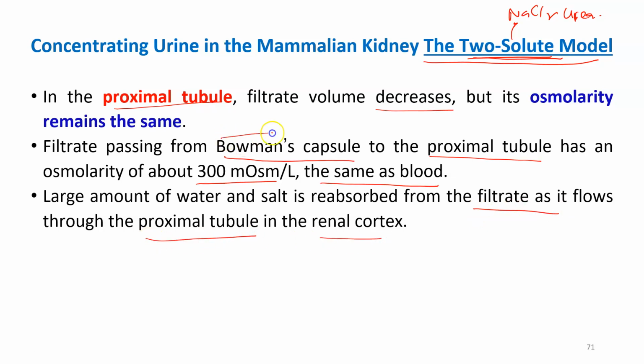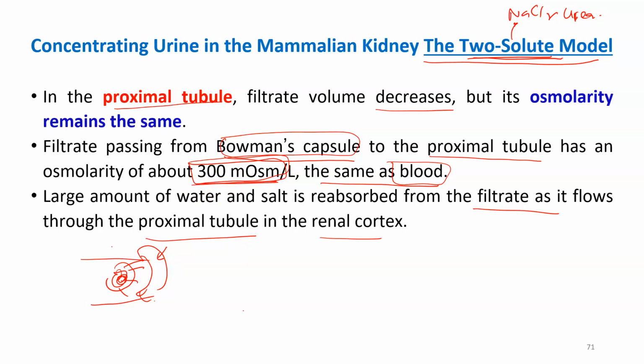Why do you think the Bowman capsule has the same concentration as blood? Why? Just now we observed in the glomerulus, due to the high pressure, many nutrients, including sodium chloride and also water, enter into the Bowman capsule. So that's why the osmolarity of the blood in the cortex region and also in the Bowman capsule is fairly the same, which is 300 milliosmol.